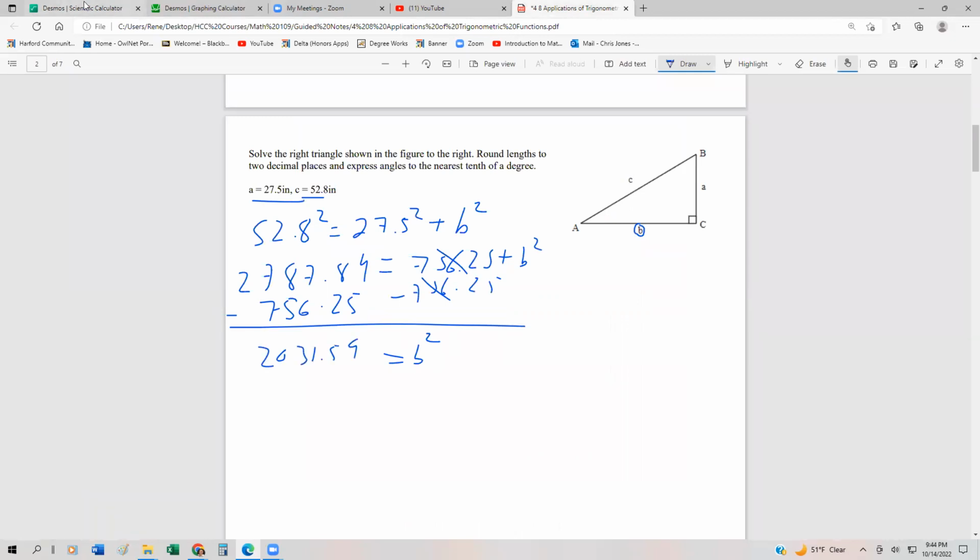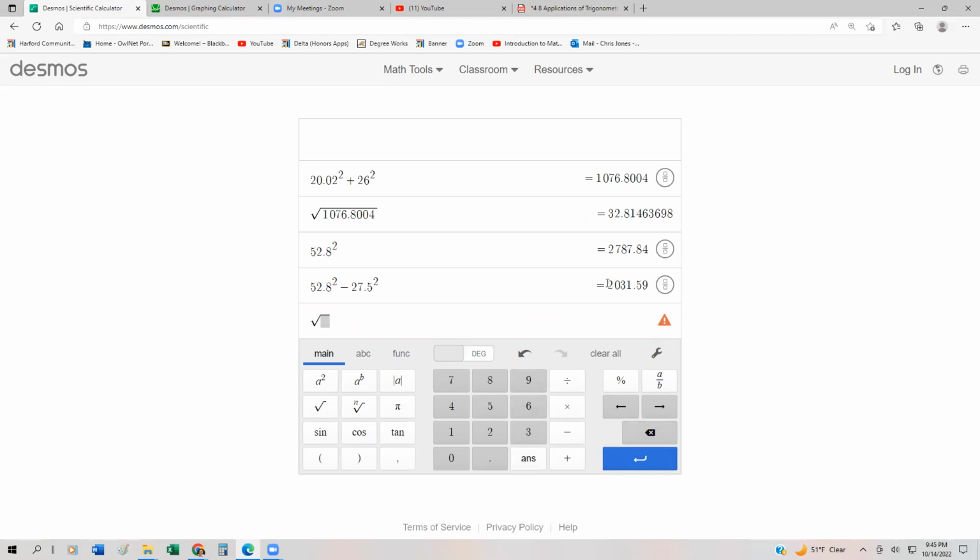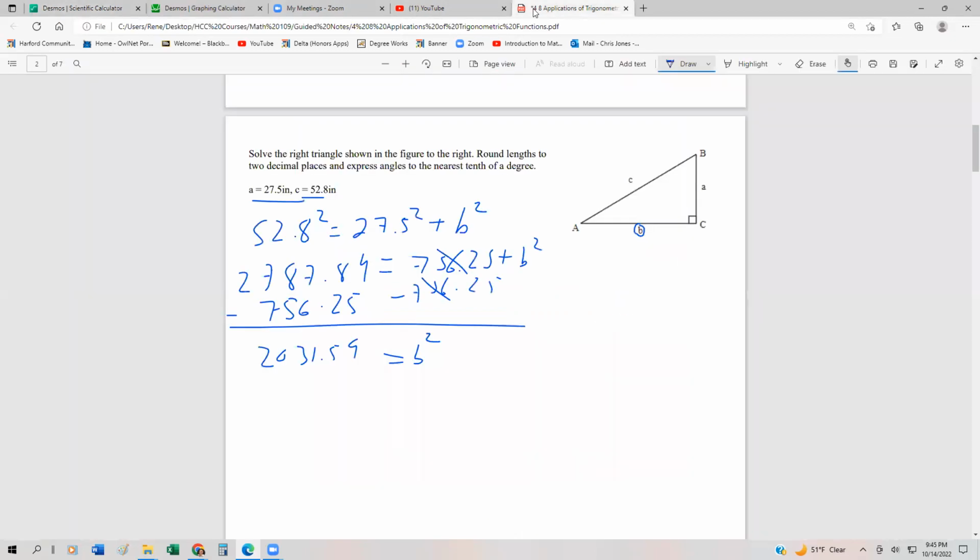And then finally, we just find the square root of that number. Okay, so we find the square root of this 2031.59. Right, so take the square root, and that gives us 45.07 is equal to b.